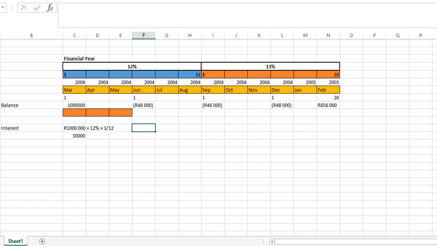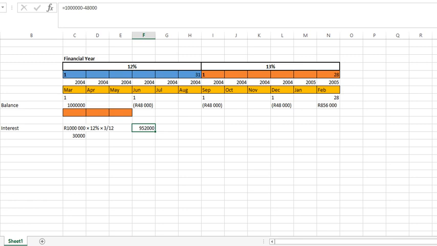Now our balance decreased from R1,000,000 Rand, and we paid off 48,000 Rand. So it's R1,000,000 Rand less 48,000 Rand. So our balance now is 952,000 Rand.